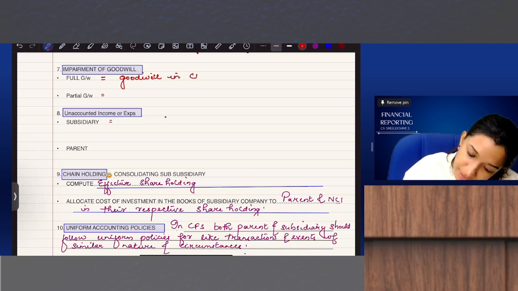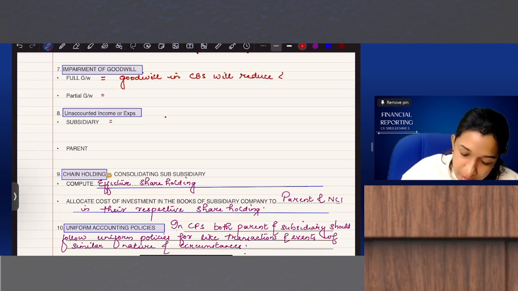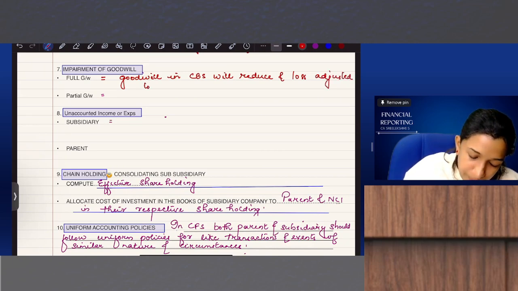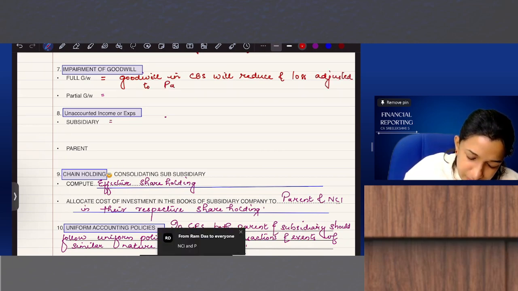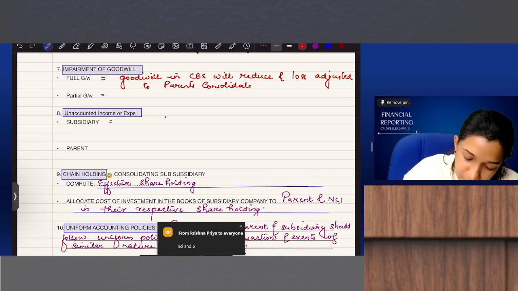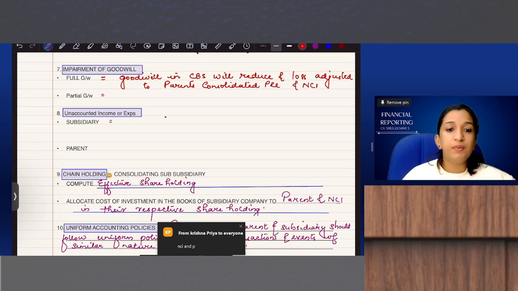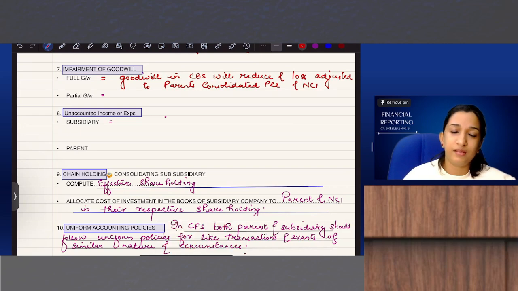Goodwill in consolidated balance sheet will reduce, and the loss is adjusted to consolidated P&L and NCI. Loss will be borne by NCI and parent.